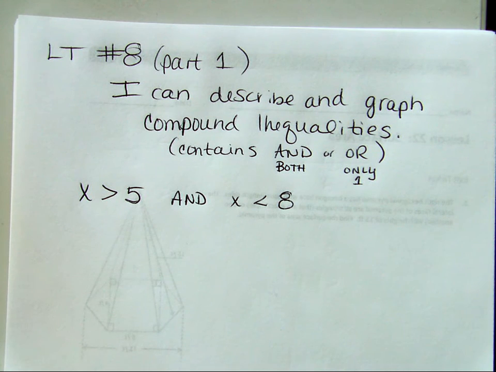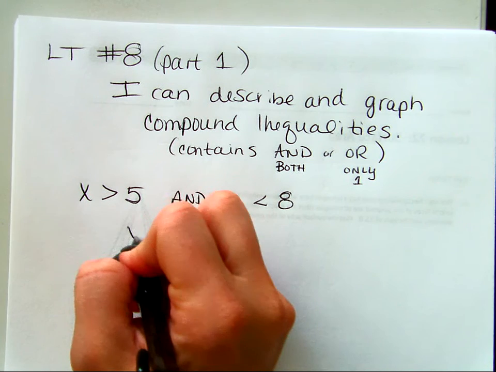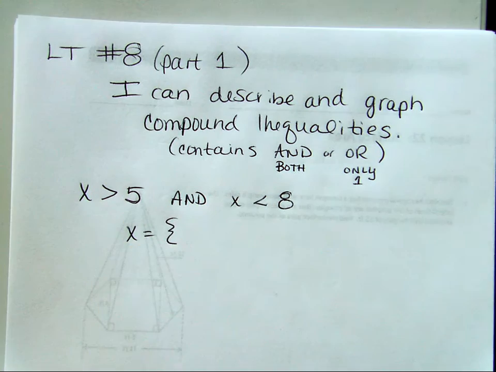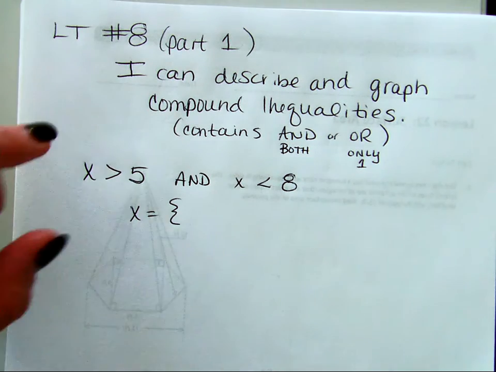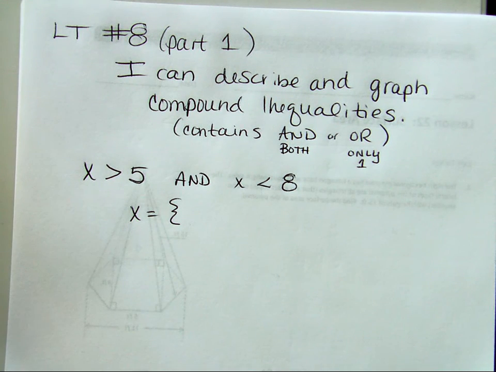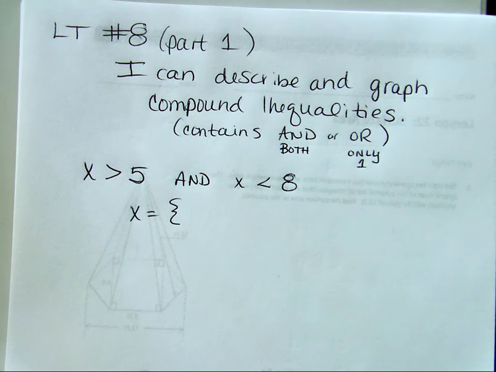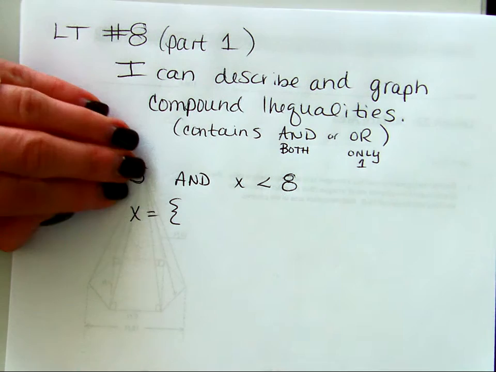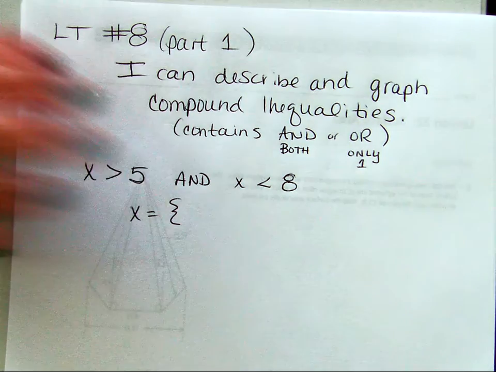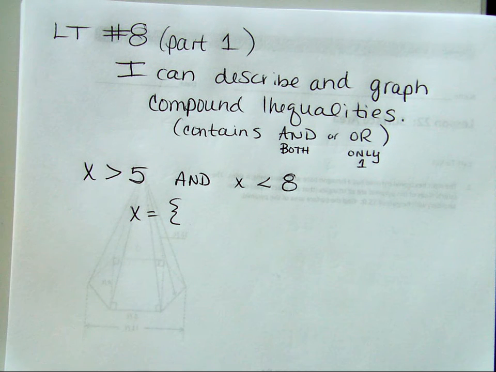So, if I were to say, give me a list of all the numbers that would fit in this solution set, if this one wasn't there, it would be all numbers greater than 5: 6, 7, 8, and so on. If this wasn't there, it would be 7, 6, 5, and so on. But because we're doing compound inequalities, they both have to be true.